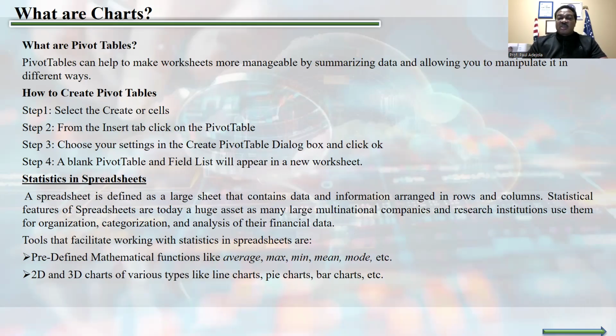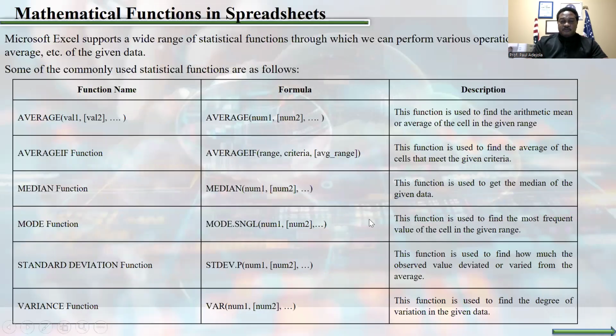Tools that facilitate working with statistics in spreadsheets are predefined mathematical functions like average, we're going to see that, maximum, minimum, mean, mode, and 2D and 3D charts of various types like line charts, pie charts, and bar charts.